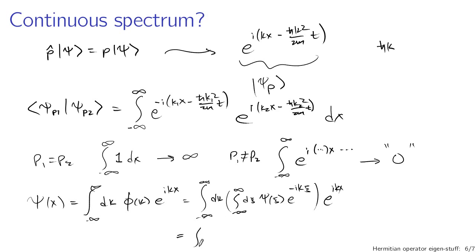You can think of this as the integral from minus infinity to infinity dxi first, and then the integral from minus infinity to infinity dk, of e to the i, combining these two things together, something like kx minus k xi. And all of this is going to be multiplied by psi of xi.